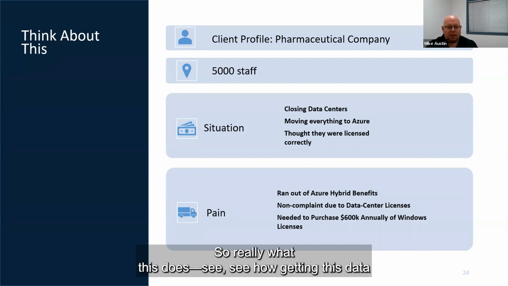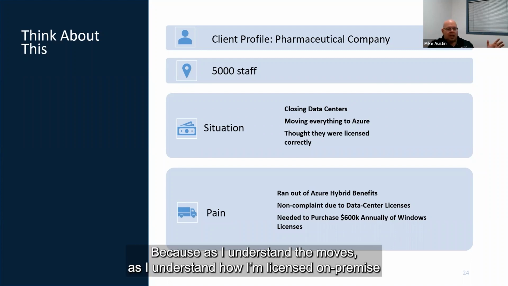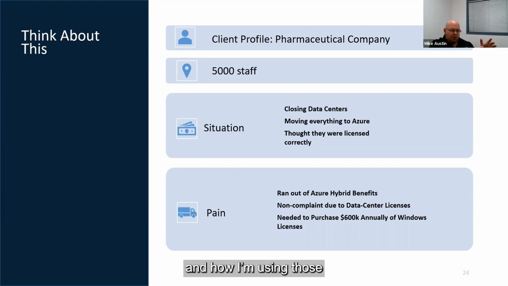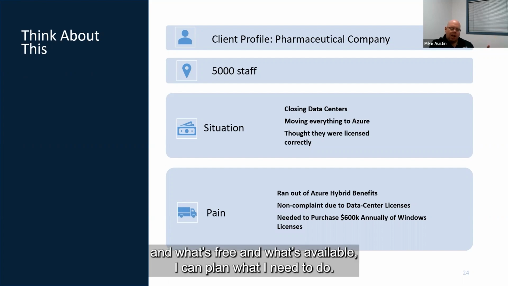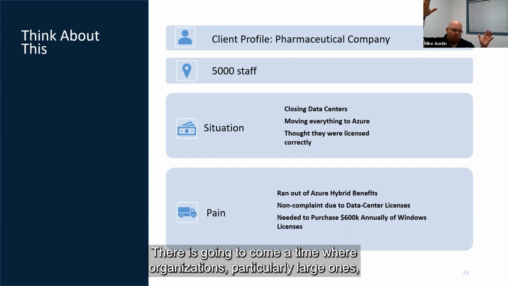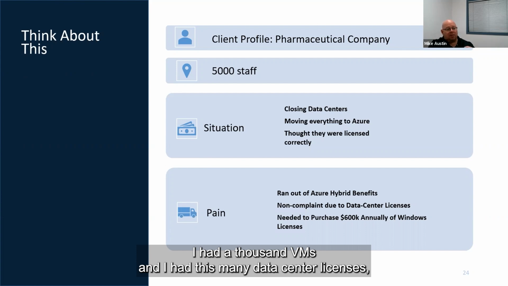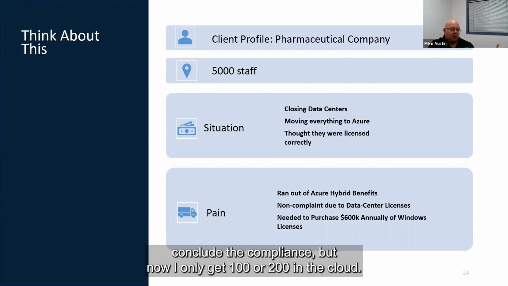So really what this does, see how getting this data becomes important, right? Because as I understand the moves, as I understand how I'm licensed on premises and how I'm using those and what's free and what's available, I can plan what I need to do. There is going to come a time where organizations, particularly large ones, in my opinion, are going to need to go to Microsoft and say, I had 1,000 VMs and I had this many Datacenter licenses that are completely compliant, but now I only get 100 or 200 in the cloud.